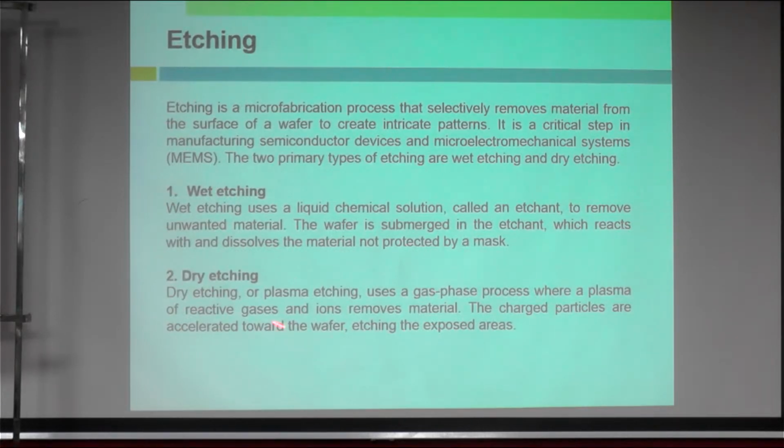In this case, selectivity also happens, where some materials can be removed quickly and some might withstand the bombardment of the ions or the reactive gases. The exposed areas, meaning those not covered by the mask, can be removed accordingly.